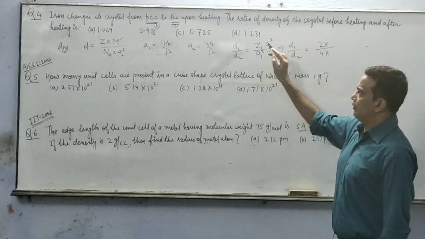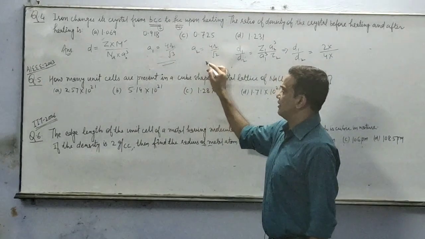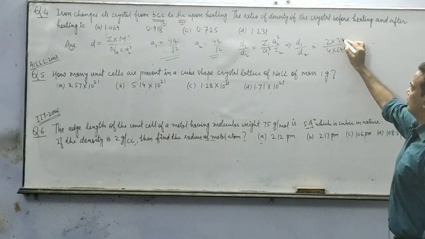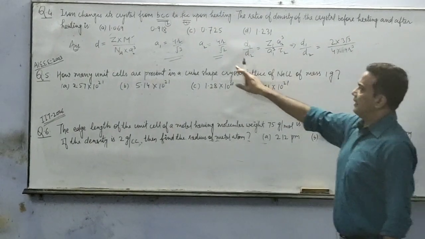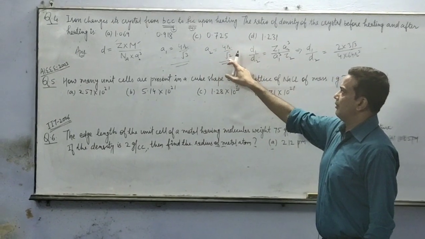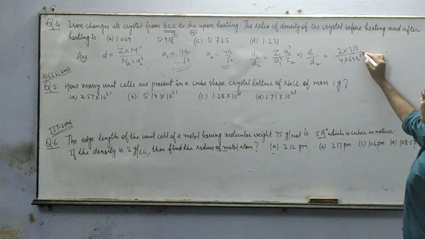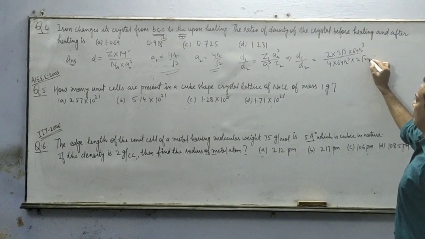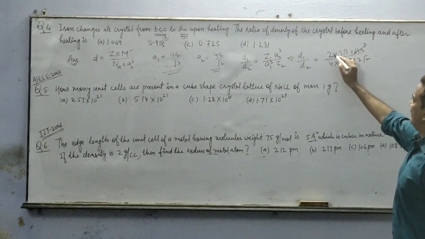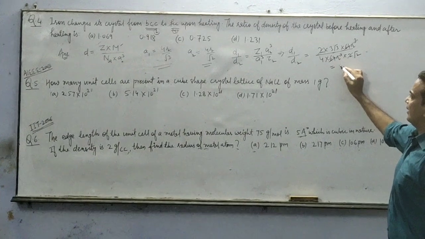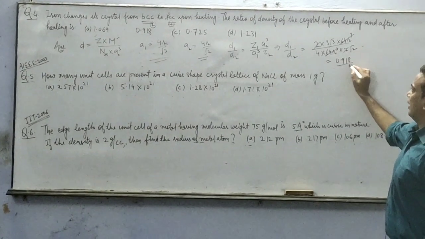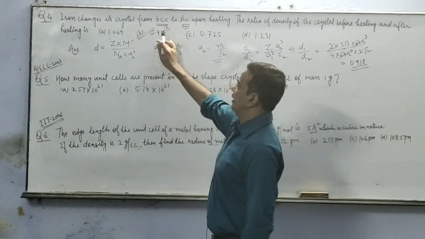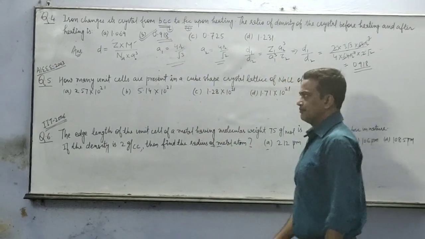Now A1 cube and A2 cube will come from these formulas. A1 cube will be 64 R cube upon 3 root 3, and A2 cube is 64 R cube upon 2 root 2. So these are cancelled, and solving this you will get your result, 0.918. So your correct answer is this one, B, 0.918.